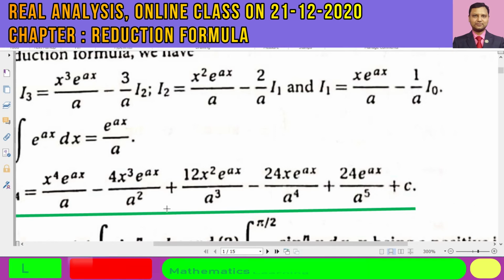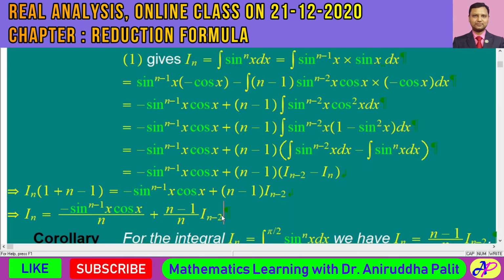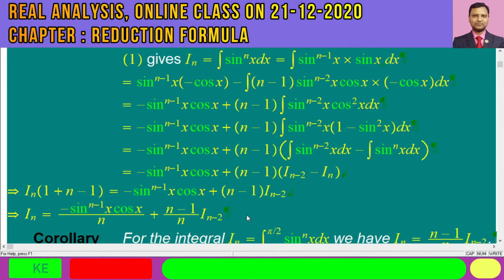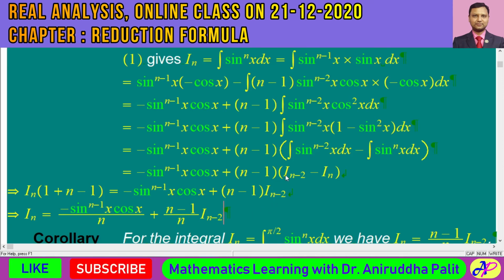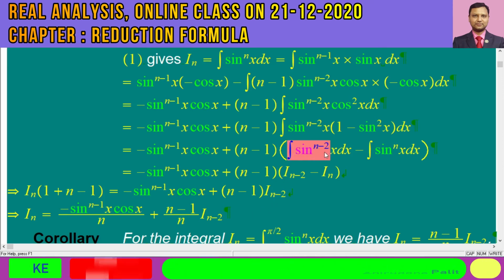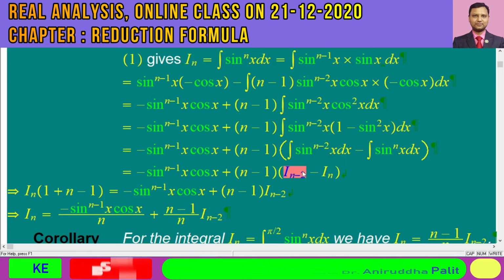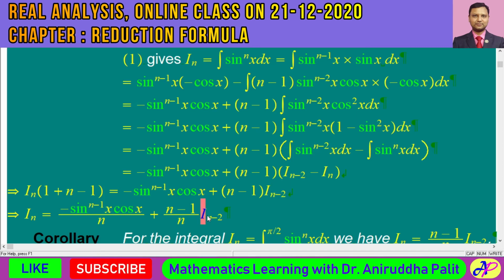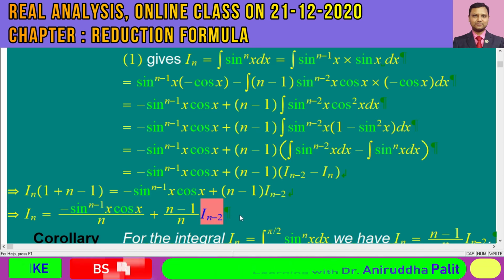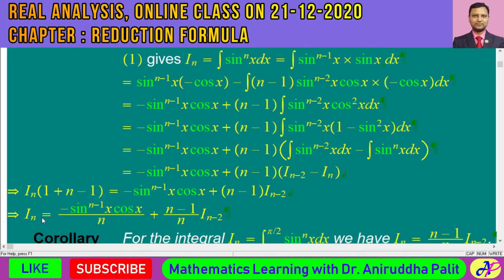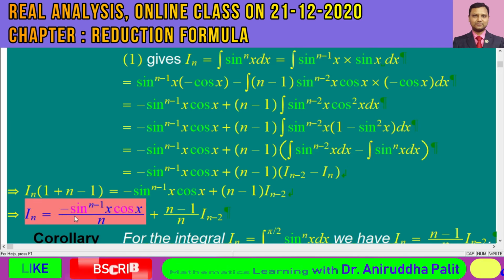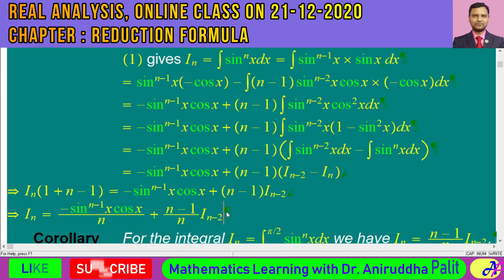But in this computation we are not writing any constant of integration. Why? Because the constant of integration can be adjusted in this integral, in this I n minus 2. So this I n minus 2 already contains a constant of integration. That's why we don't need to individually write any constant of integration like plus c, because ultimately it would not be of any use at all.